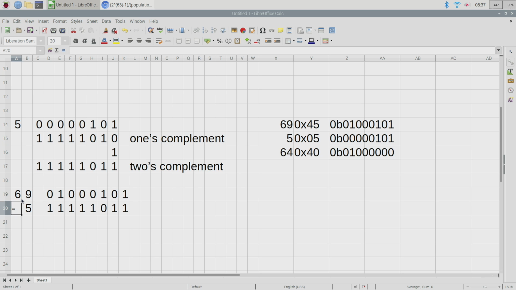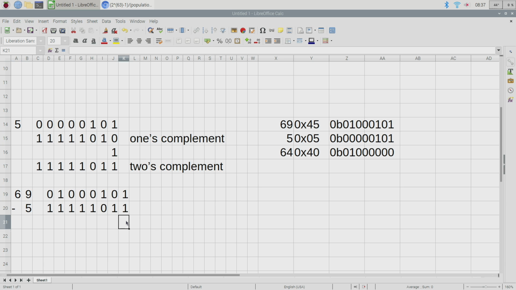Doing 69 minus 5 is the same as doing 69 plus negative 5. So what we're doing is turning subtraction really into addition. Now we just need to add these two numbers.